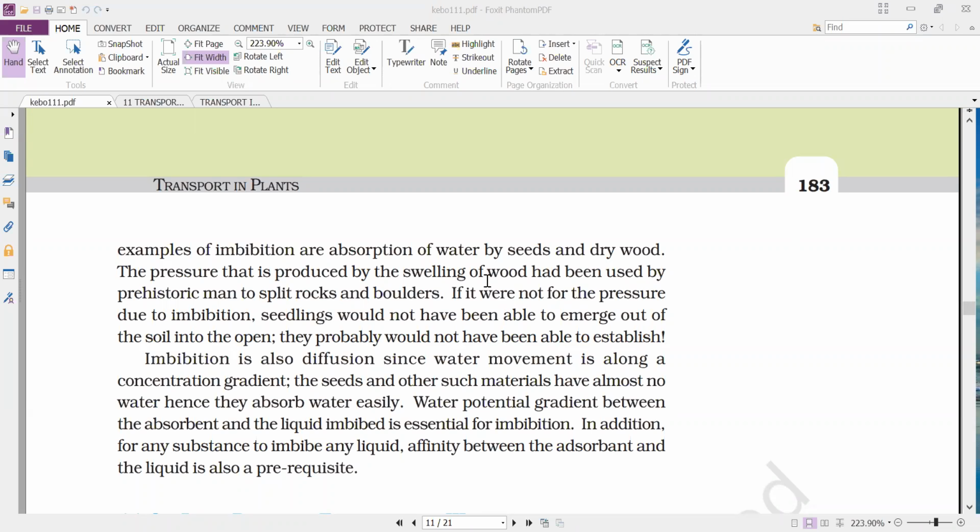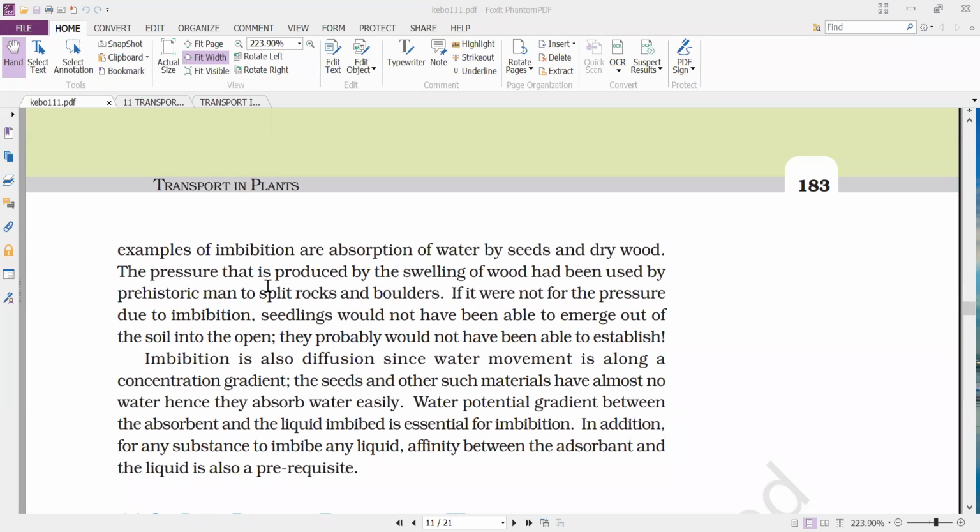So absorption of water by seeds and dry wood causes swelling.